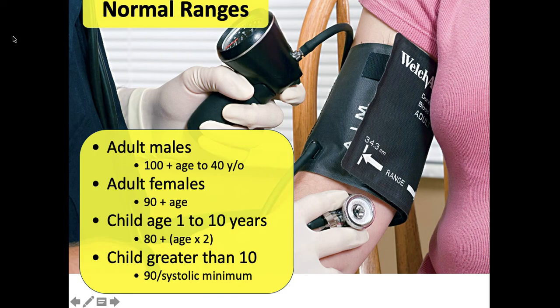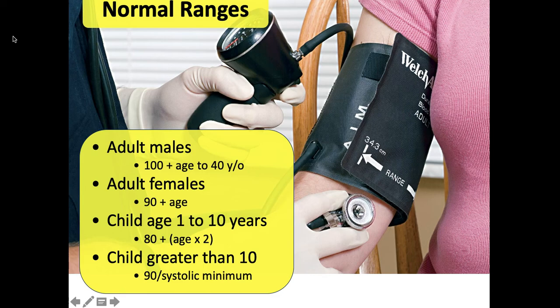Normal ranges for an adult male, this is just averages. So if you take 100 plus their age up to 40 years of age, and for an adult female 90 plus her age up to 40 years of age, that will give you their normal systolic blood pressure. Now, for children from 1 to 10, their normal systolic blood pressure is 80 plus 2 times their age.